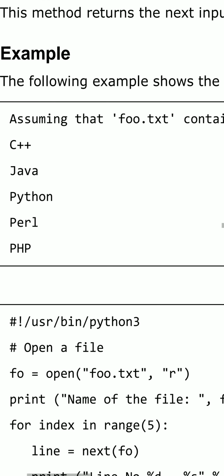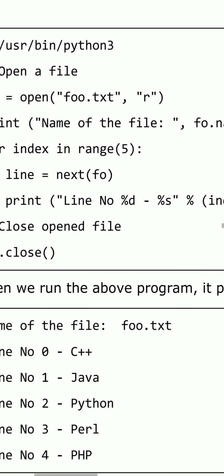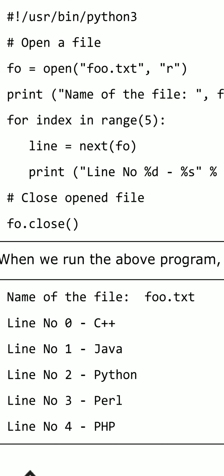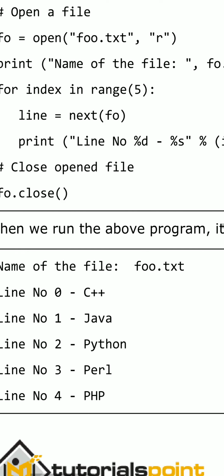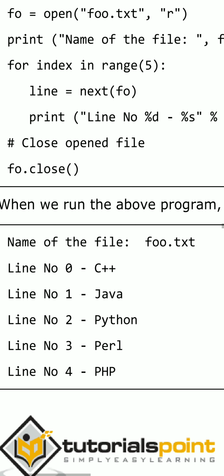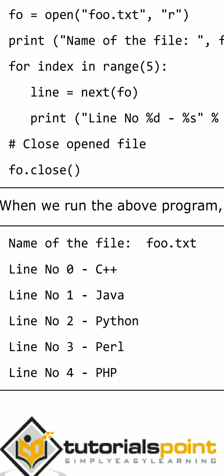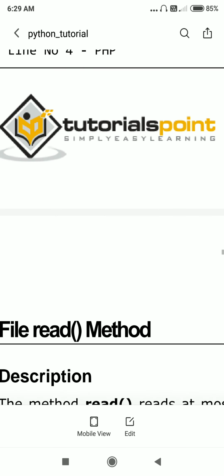Here I have taken a program. Suppose fo is equal to opening a file in read mode, printing the file name on the output screen. Then I have taken a range of five lines, and with next, the line is read line by line and printed, and then the file is closed. So the file prints the lines: first line C plus plus, second line Java, third line Python, fourth line Perl, fifth line PHP.